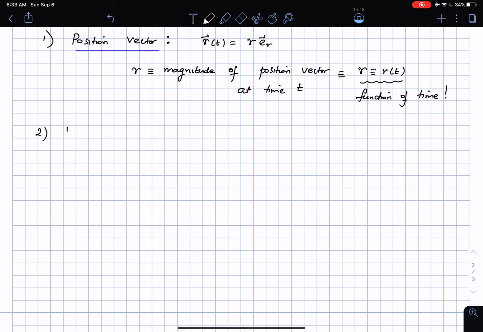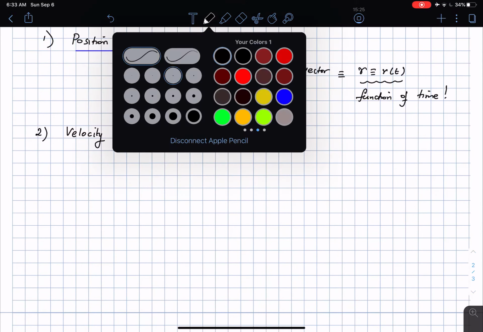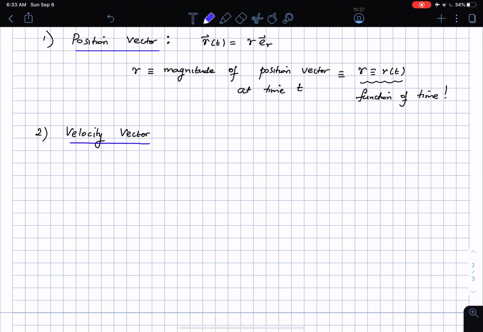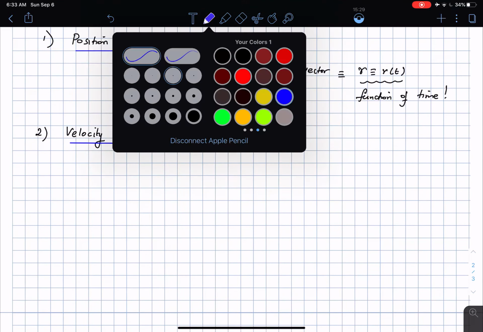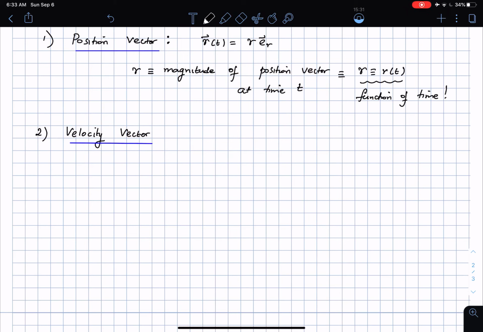So this is going to be the velocity vector, that's what we're going to be doing next. But before I do that, I'm going to pin them together by the tail, so pin the E_r, E theta, and the E_r prime, E theta prime unit vectors together.